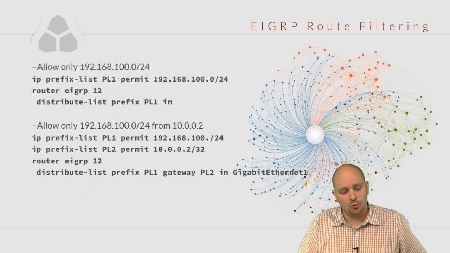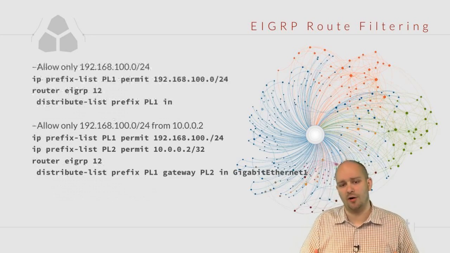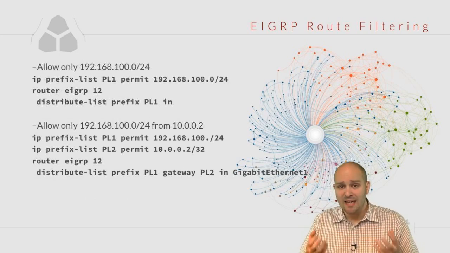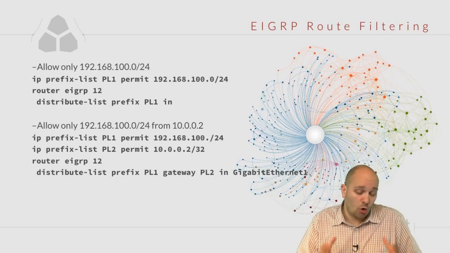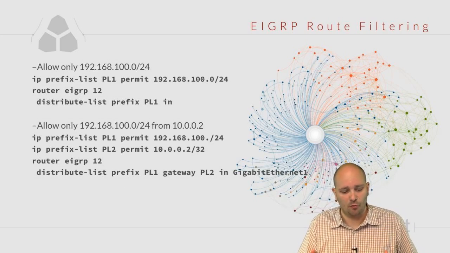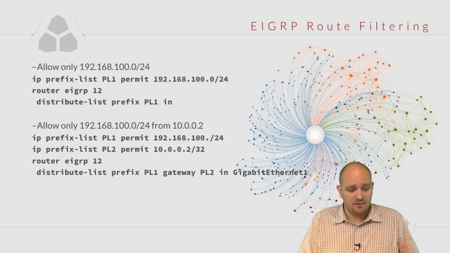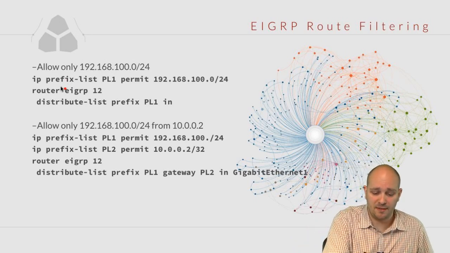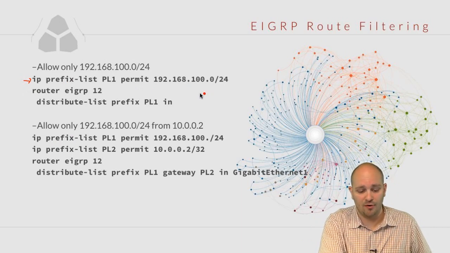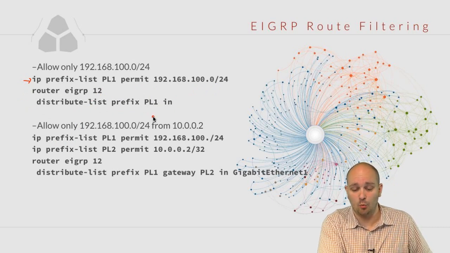Let's say that we wanted to configure our network to allow only routes inbound, that only one route, which is 192.168.100.0/24. This can be done, for example, by specifying the prefix list that is going to permit this one particular route. And then in the EIGRP process, we are going to say distribute-list prefix PL1 in.